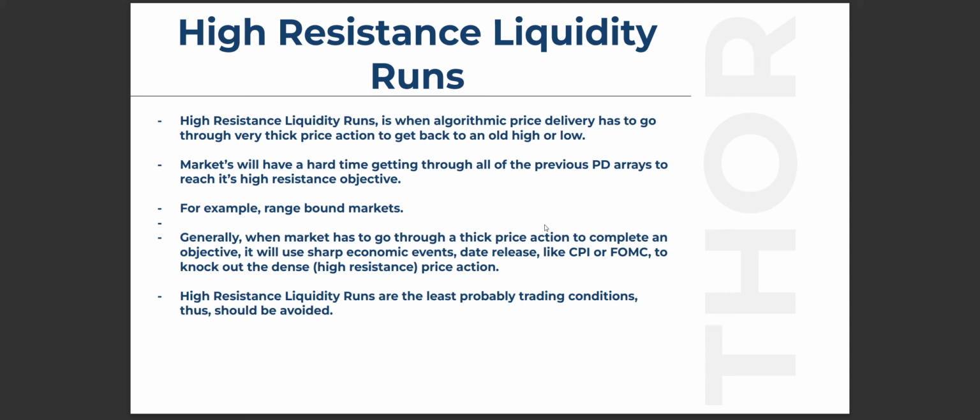Now, generally, when the market has to go through a thick price action to complete an objective, because sometimes the drawn liquidity is above an old high and there's a thick price action right below it, it'll usually use a sharp economic event or data release like CPI or FOMC to knock out the dense price action, which happened last week on Wednesday during the FOMC minutes.